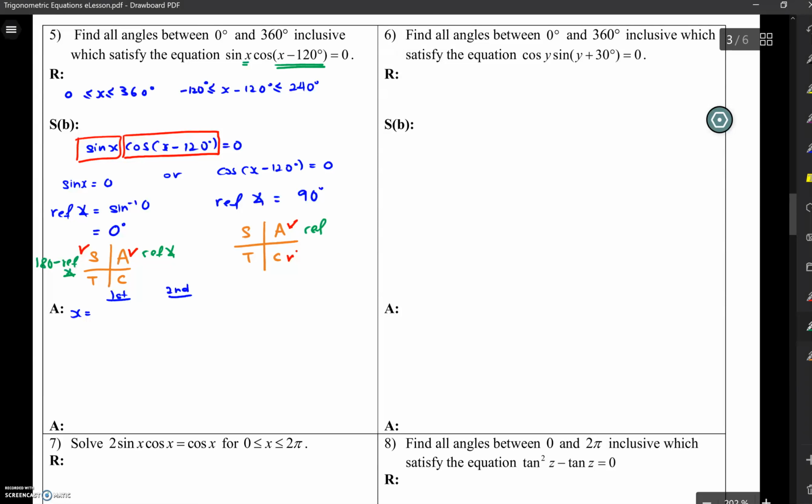Similarly, I will complete the one for the right hand side. So fourth quadrant, it will be 360 minus the reference angle. So now let's continue to do. Okay, so for x, it's just equal to the reference angle 0 degree. And for second quadrant, it's just 180 minus 0, which gives me 180 degree.